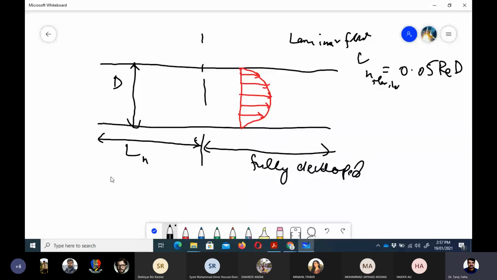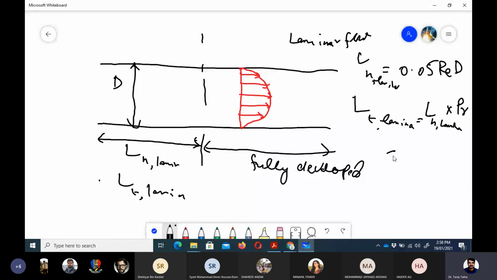And then if we want to know LT laminar, where T means thermal, that is for the thermal boundary layer. It is LH laminar times the Prandtl number.